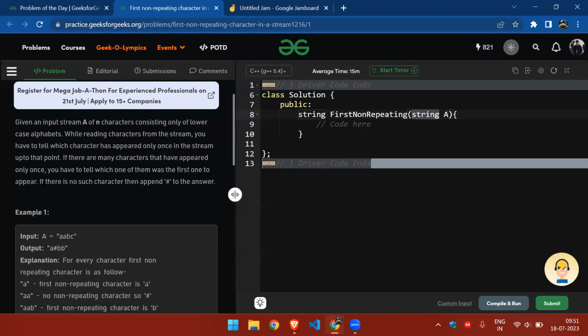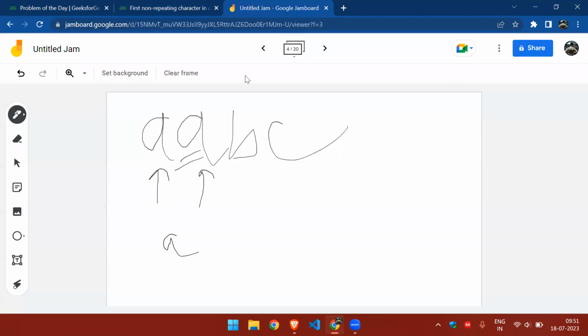If there are no such characters, we append hash in our answer. Till this point we have AA, the characters in our input are double A and they are repeating. So we simply append hash. Suppose this was 0, 1, 2, and 3. Up to 1, there is no non-repeating character.